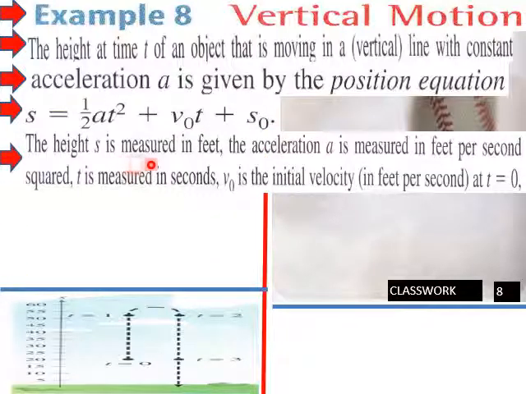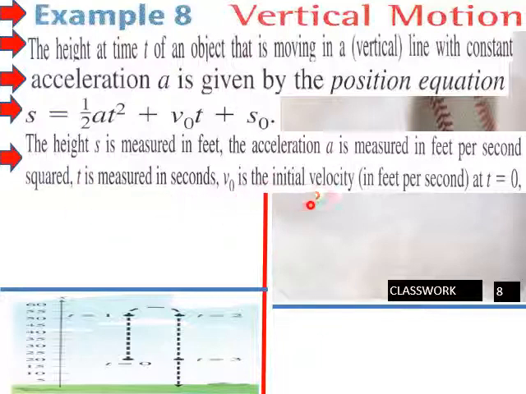Here's a diagram of this problem. The height s is measured in feet, the acceleration a is measured in feet per second squared, and t is measured in seconds.